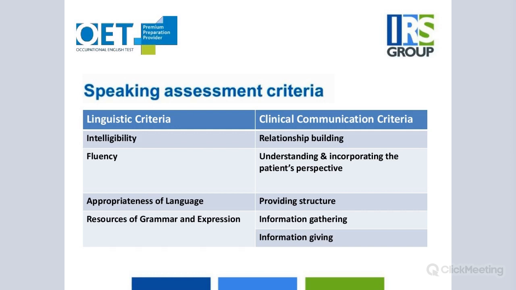Then moving on to the clinical communication criteria. The first one is relationship building. So what is relationship building? What does that criteria mean? Definitely you all would be confused about that. Basically, it is having a rapport with the person you are speaking with, or making the person comfortable to speak with you, trying to make the person open about whatever his concern is.